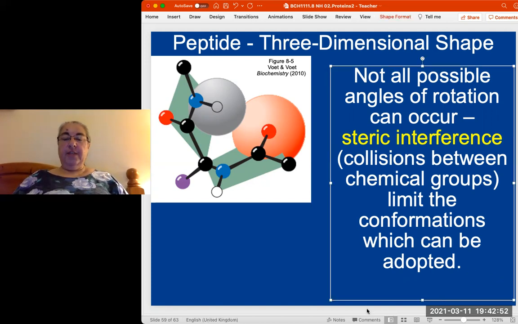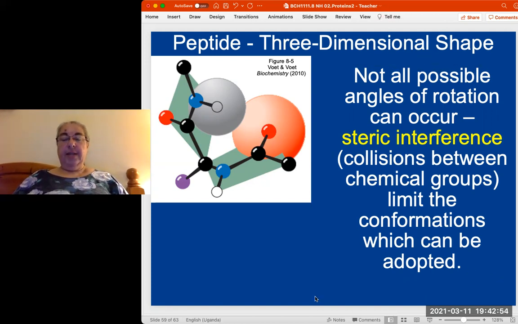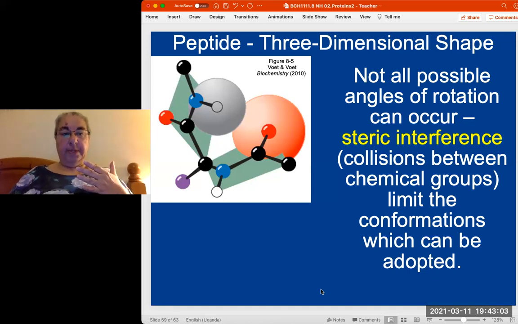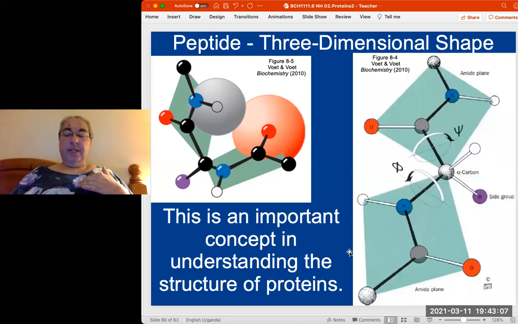So this is quite an important thing that helps us to understand how proteins fold up and why a protein folds into certain shapes and not into others. It's quite important to help us to understand the three-dimensional structure of proteins, which is what we'll be continuing to think about in the next lectures.